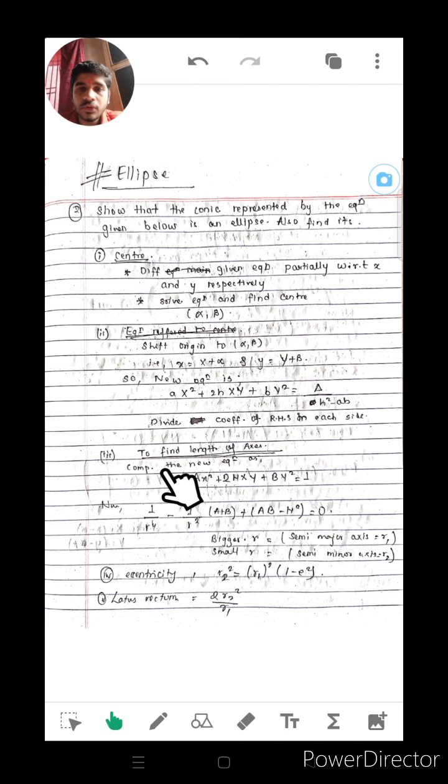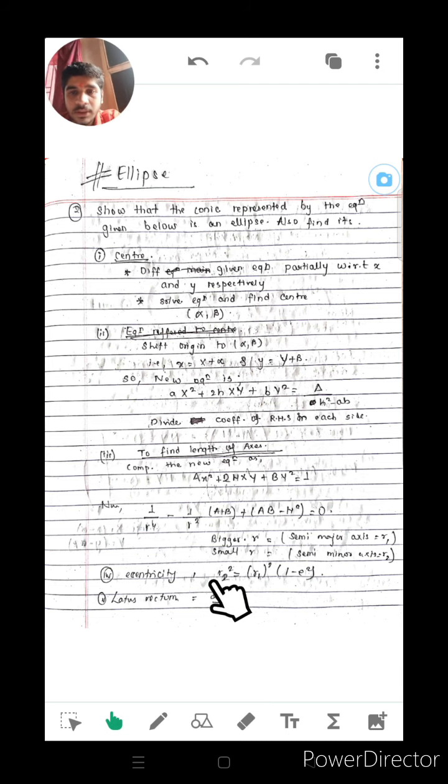Now we have to find the length of the axes. Compare the new equation as aX square plus 2hXY plus bY square equals 1, and use this formula, and by solving this formula on the calculator we can find the lengths of the axes, which means bigger r will be the semi-major axis and smaller r will be the semi-minor axis, denoted by r1 and r2 respectively.